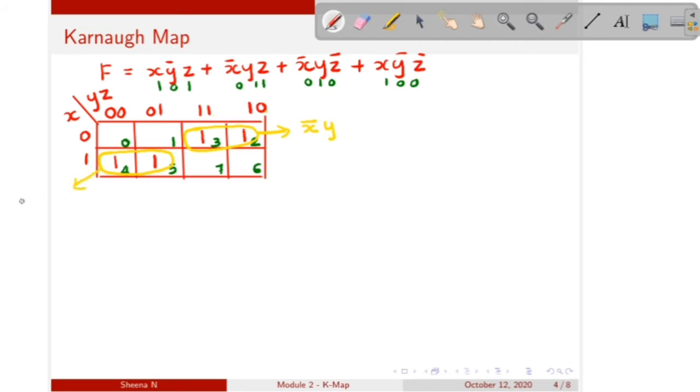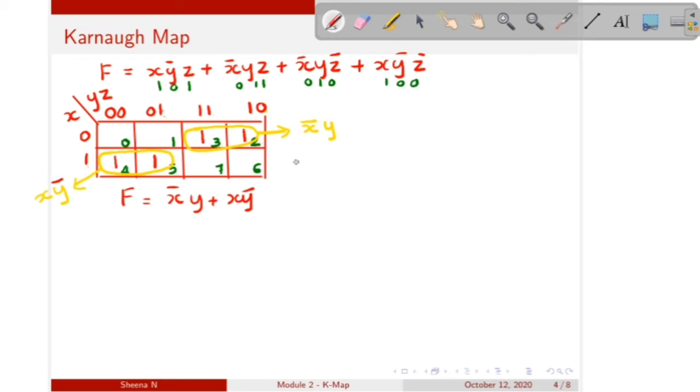For this one we have x as such because 1, and here it is first variable 0, second variable 0 and 1, that is cancelled, that means z is cancelled and we get y bar, x y bar. Okay, here it is x, y is equal to 0 and z is 0 and 1, z is cancelled, and y is equal to 0 means y bar. So the expression is f is equal to x bar y plus x y bar.